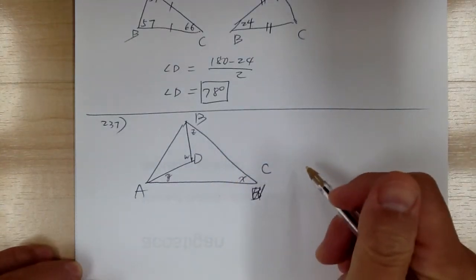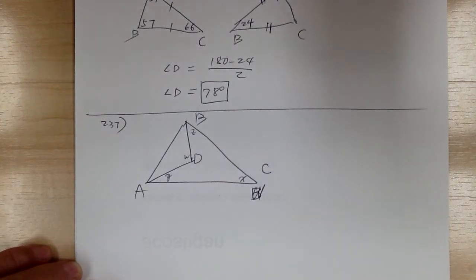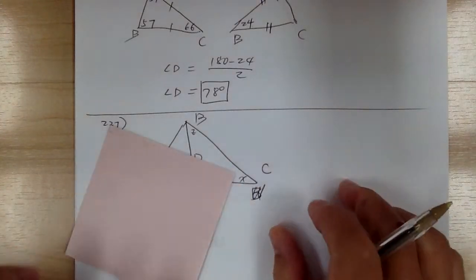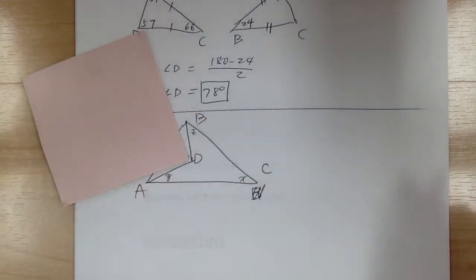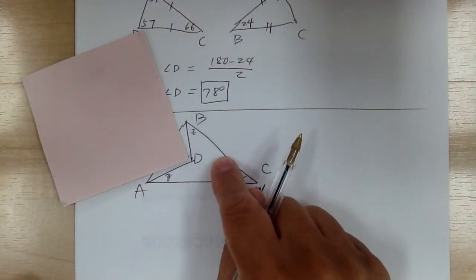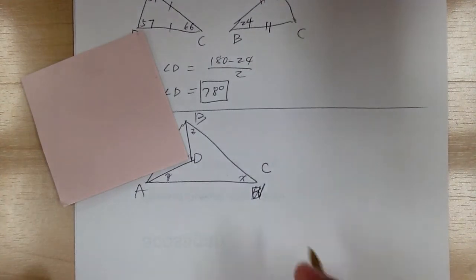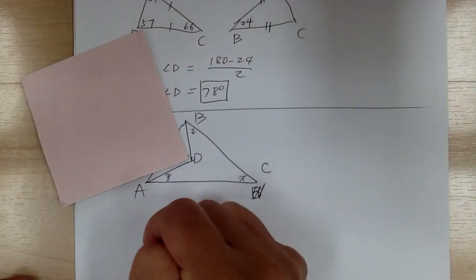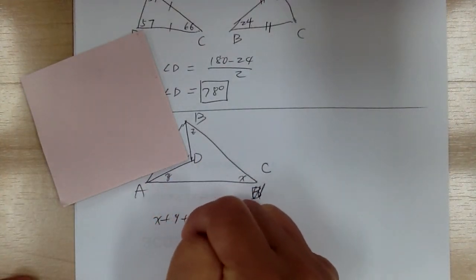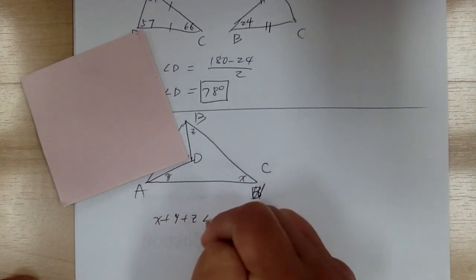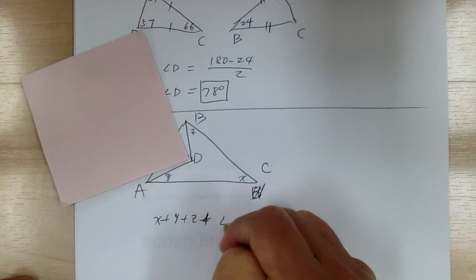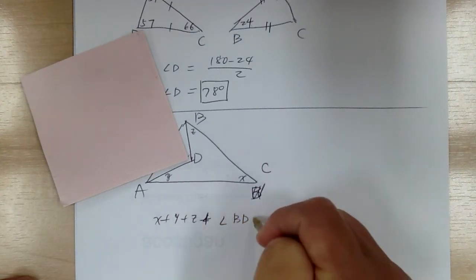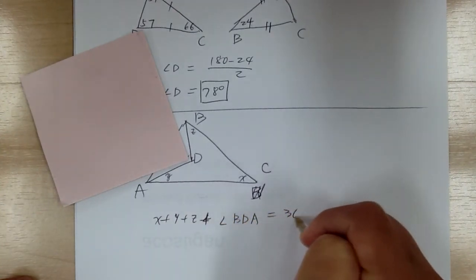Okay, so if you just look at this quadrilateral, the sum of the angles in the quadrilateral equal to 360. So that means X plus Y plus Z plus the reflex angle of BDA equal to 360.